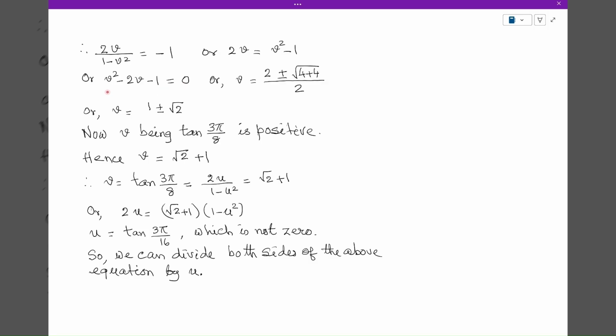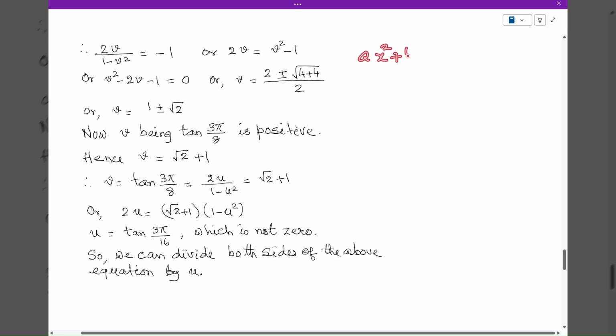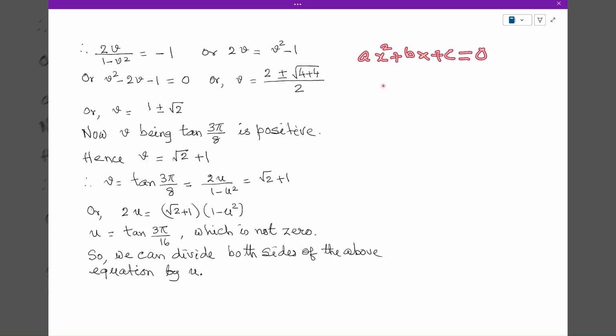This is a quadratic equation in v, and the solutions are v is equal to minus b, that is plus 2, plus or minus square root of 4 plus 4, divided by 2. Here we are using the formula: if ax square plus bx plus c is equal to 0, then x is equal to minus b plus or minus root of b square minus 4ac by 2a.